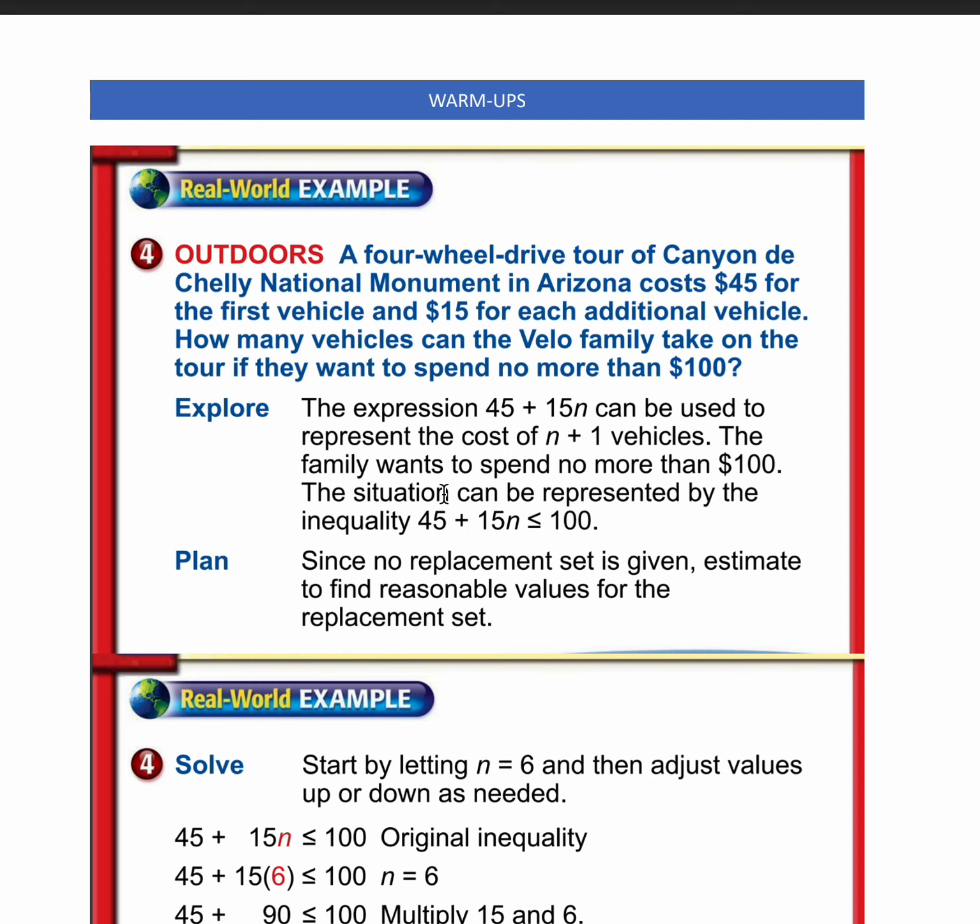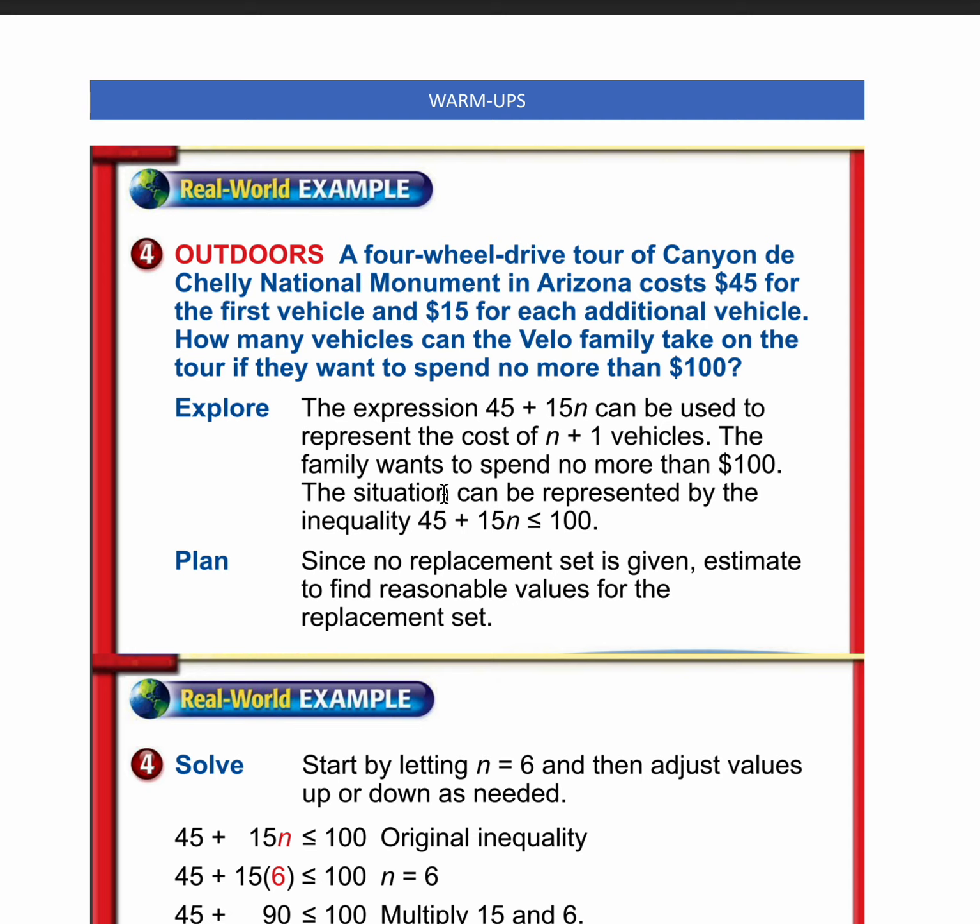Before even jumping into the math aspect of it, let's take a look at Canyon de Chelly National Monument in Arizona. It's quite famous in the 50s and 60s and 70s. If you have seen most of the movies with canyons and cowboys and all that, ranger movies, you will come across this for sure.